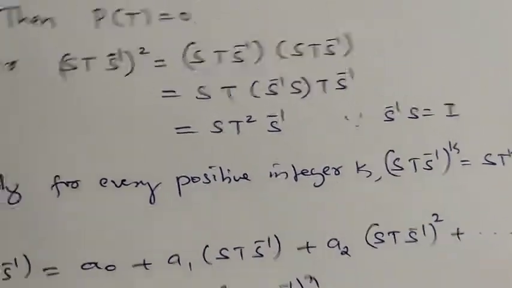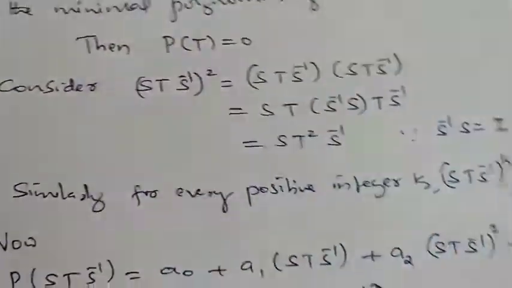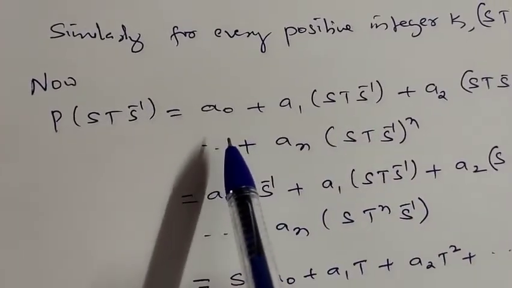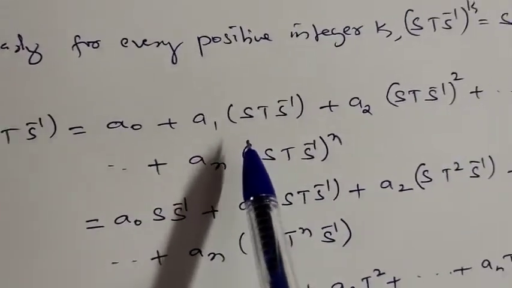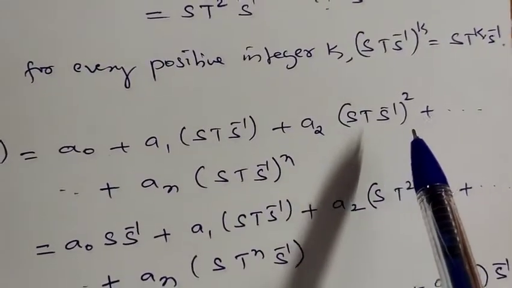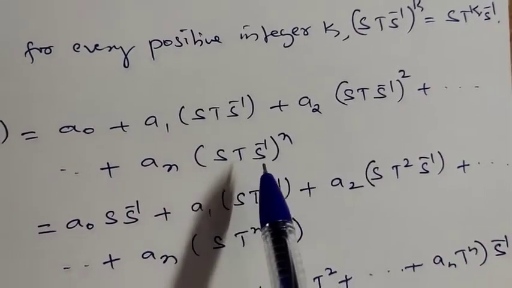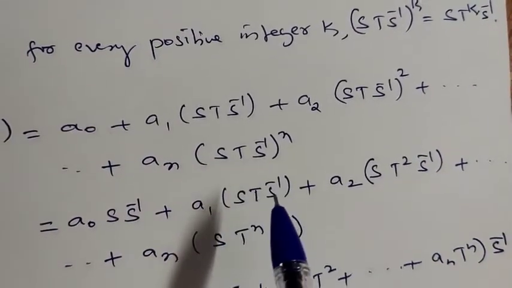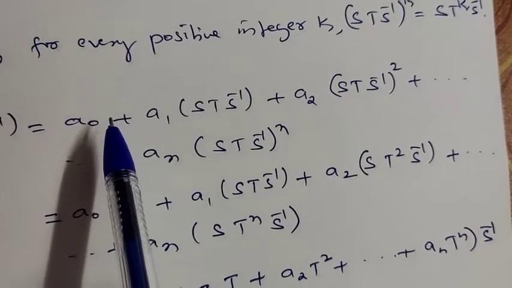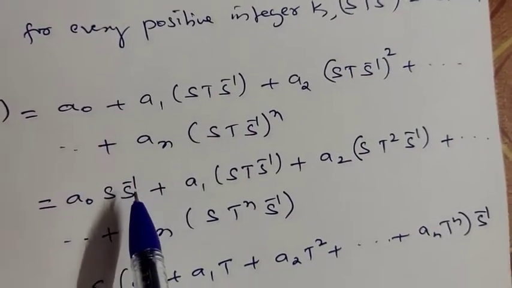Okay. Now you come to this. Now p of s t s inverse is what? p of x is the minimal polynomial of t. So p of s t s inverse is a0 plus a1 into s t s inverse plus a2 into s t s inverse whole square and so on, the last element is an into s t s inverse whole power of n. Now for a0 no element is present here, so I can write the transformation I, and I can be replaced by s into s inverse.